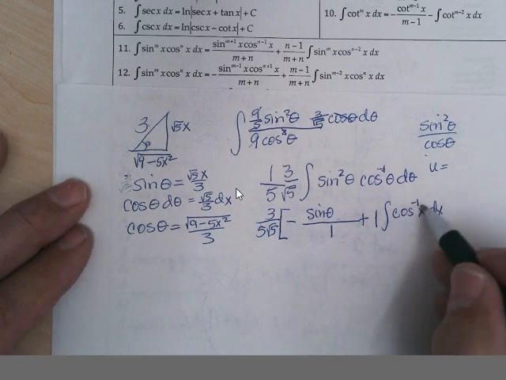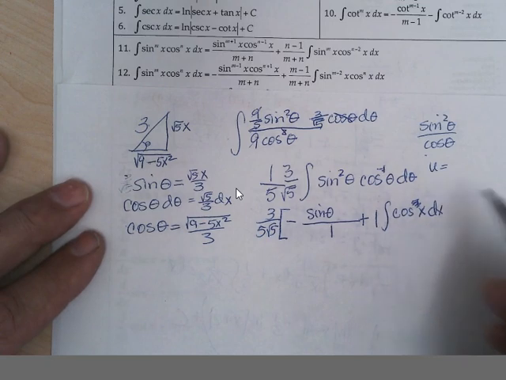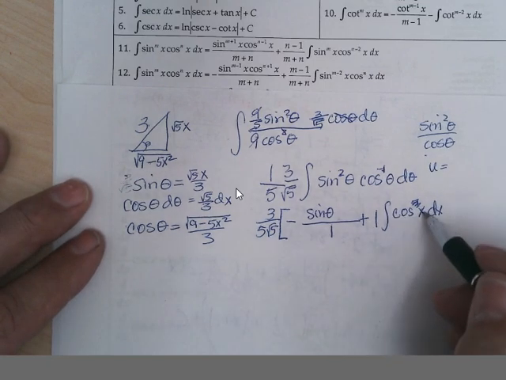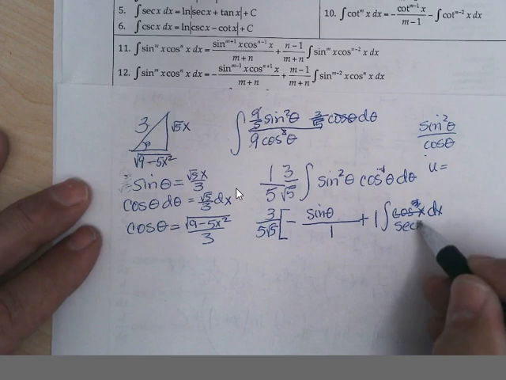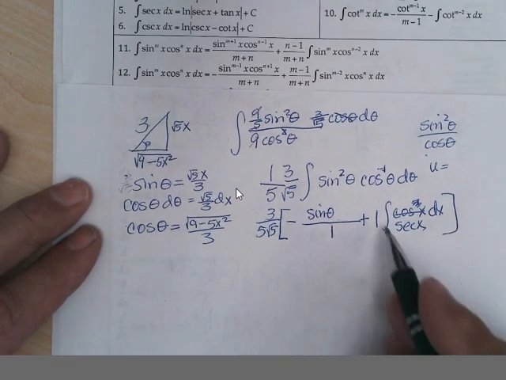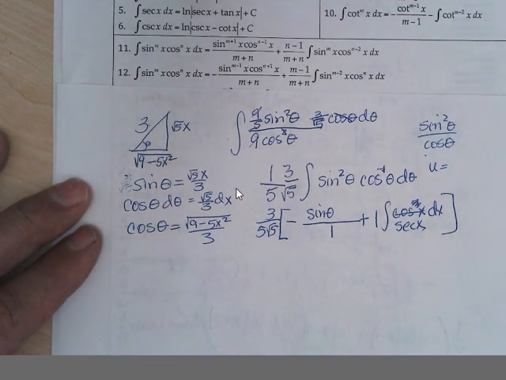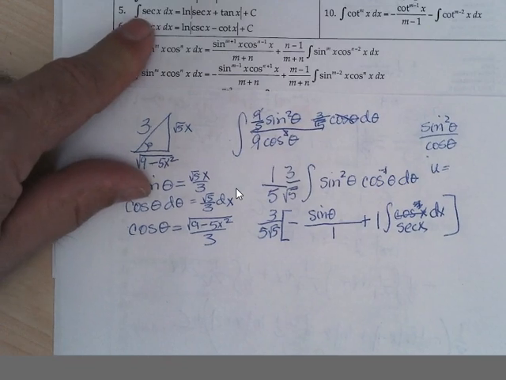Minus means 1 over cosine, not the inverse. So 1 over cosine is secant. And I know the integral of secant from here.